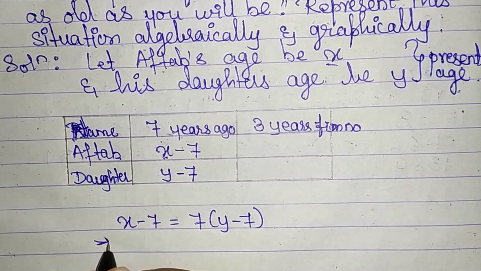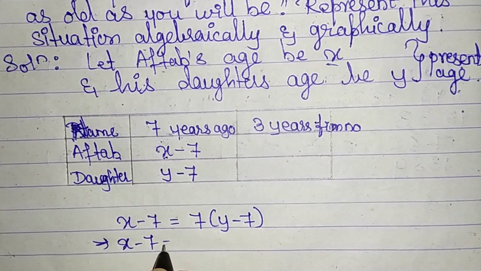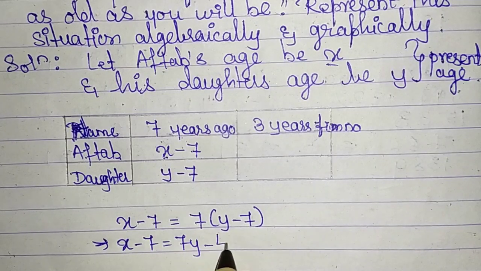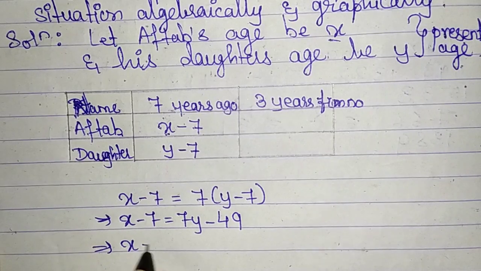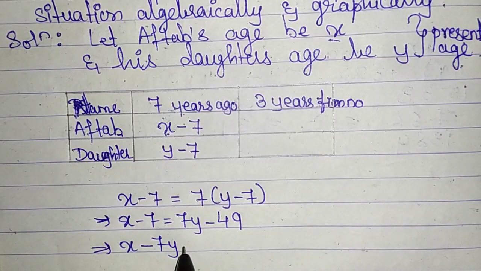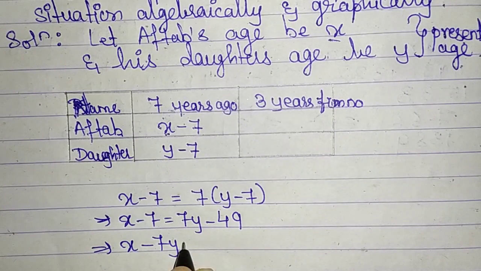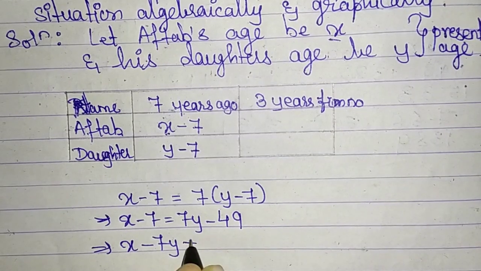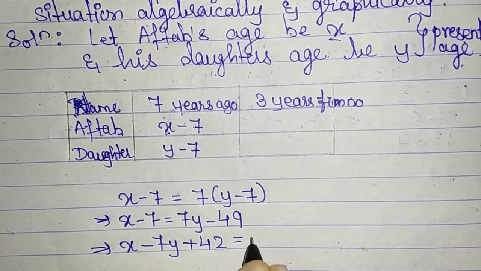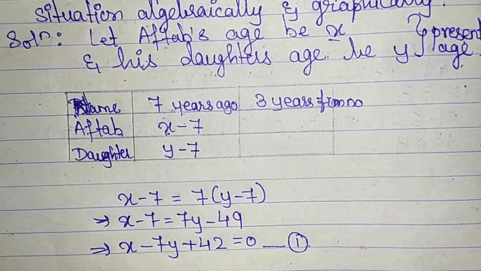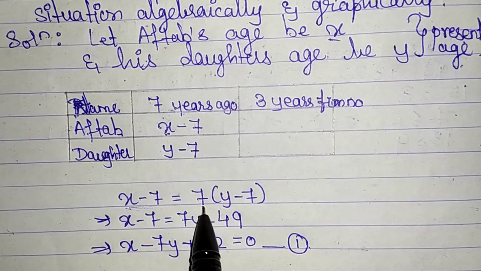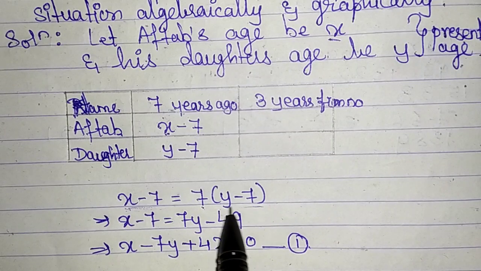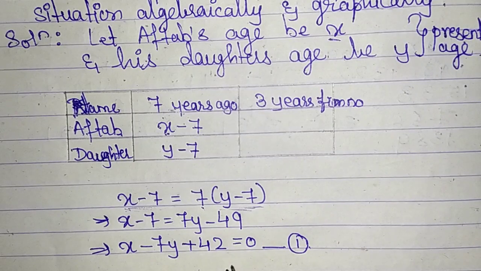On simplification, you get x minus 7 is equal to 7y minus 49, which implies x minus 7y plus 42 is equal to 0 is the first equation. Because Aftab was 7 times his daughter's age.